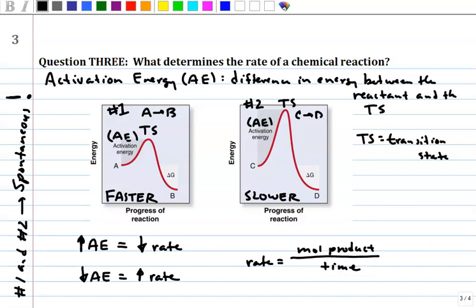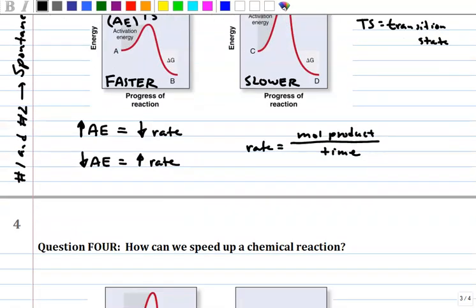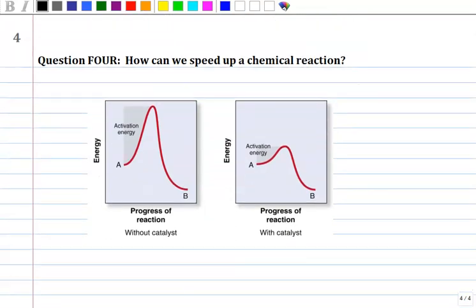Alright, so we know how to tell if a reaction is spontaneous or non-spontaneous. You've got to look at the reaction diagrams. We also now know what determines the rate of a chemical reaction. It's the activation energy, and we can look at reaction diagrams and predict rates. Kind of the last thing we want to do here is, how do we speed up a chemical reaction?